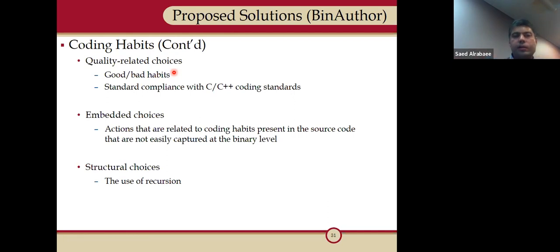So every part is like a research area or research domain, and we tried to discover something. Some choices we call embedded. When you write code in general, some habits will be there, but really we don't know what they are. Are you reusing some code, which can be discovered by structure choices, or are you following something in your mind, like I will start this way, define this, change this, do that?